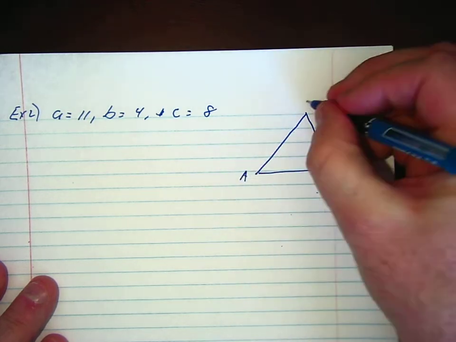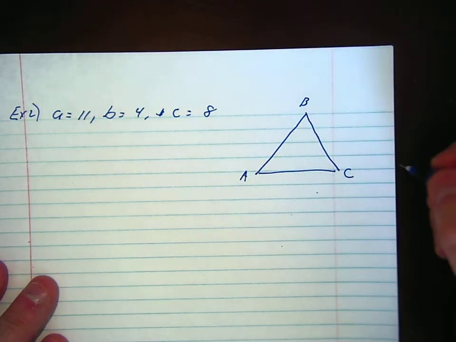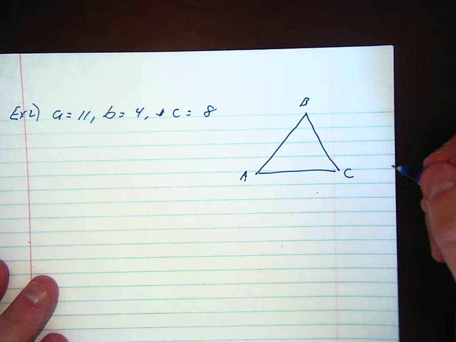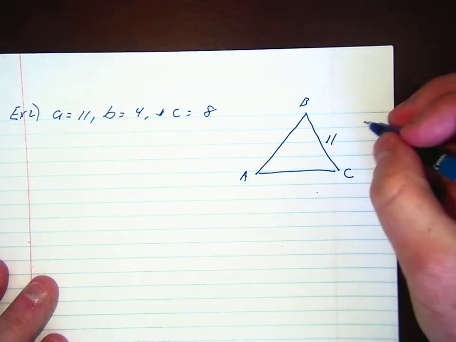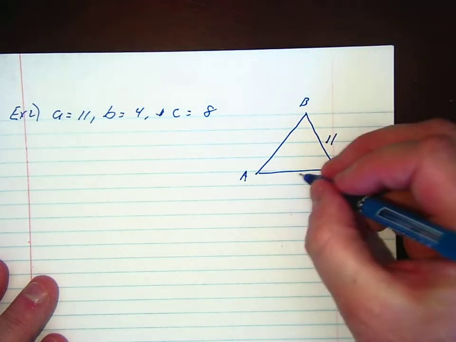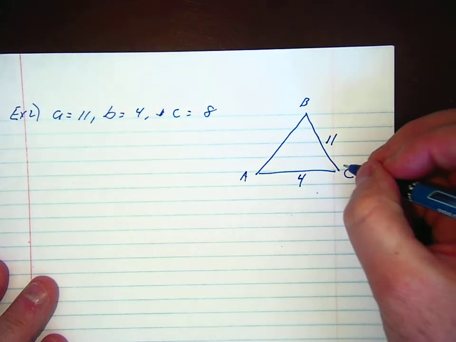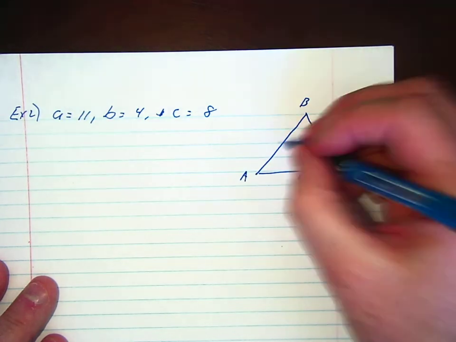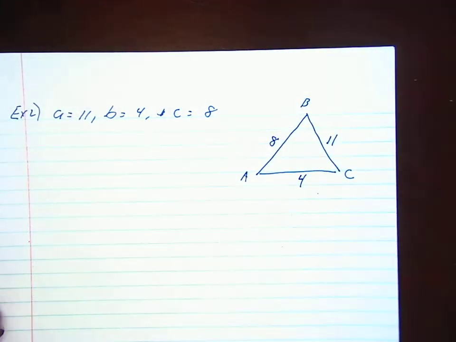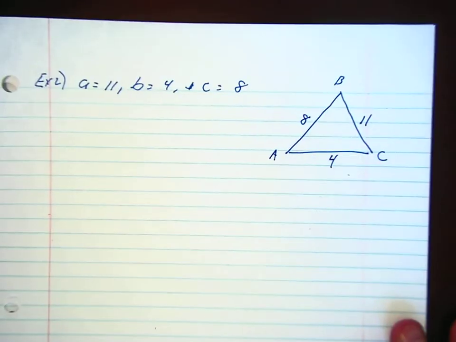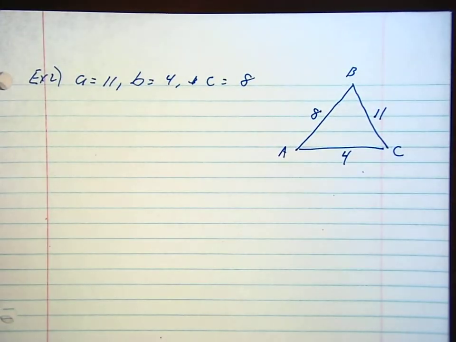So we got A, B, C. Little a is 11, B is 4, C is 8. Okay. All right, so first thing I hope you recognize is you weren't given an angle at all.